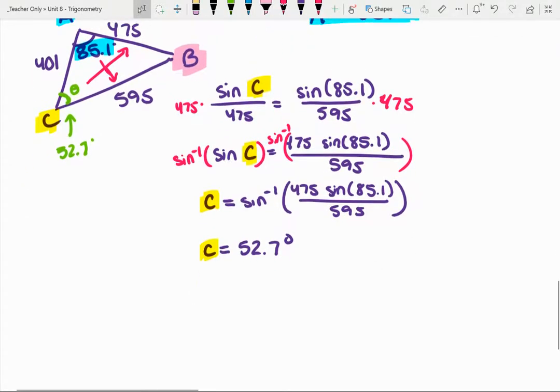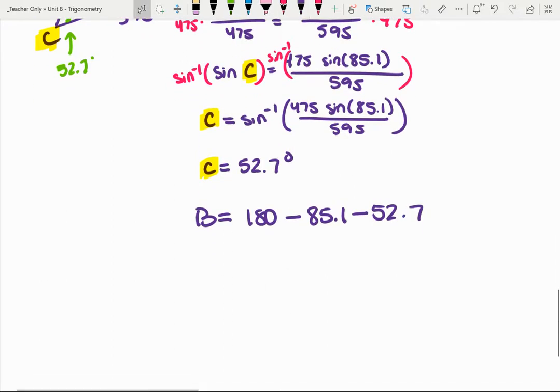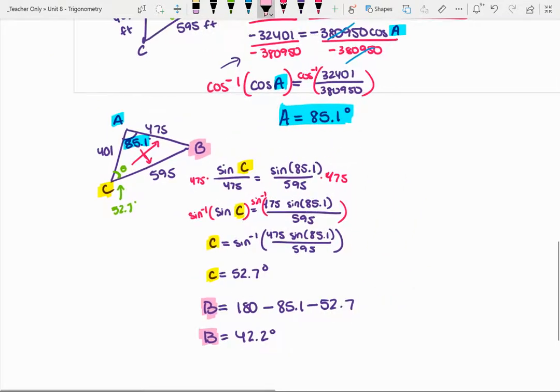So that means that angle B is equal to 180 degrees minus the measure of angle A, 85.1, minus the measure of angle C, 52.7. That means that the measure of angle B is going to be approximately 42.2 degrees.